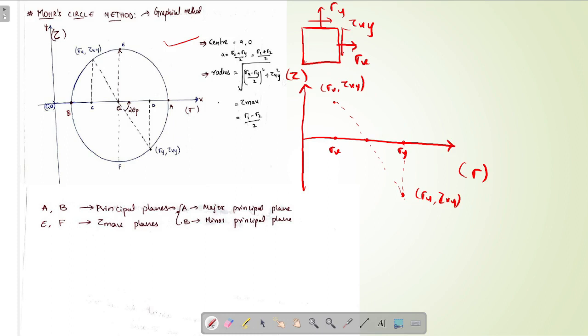With this point as center and this particular length as radius, if we draw a circle, then we will obtain a Mohr circle. This is how to draw a Mohr circle in brief.